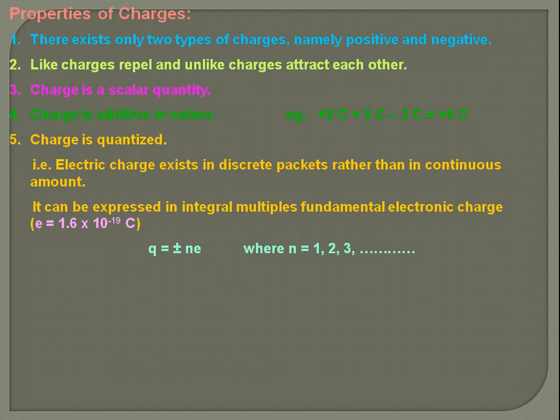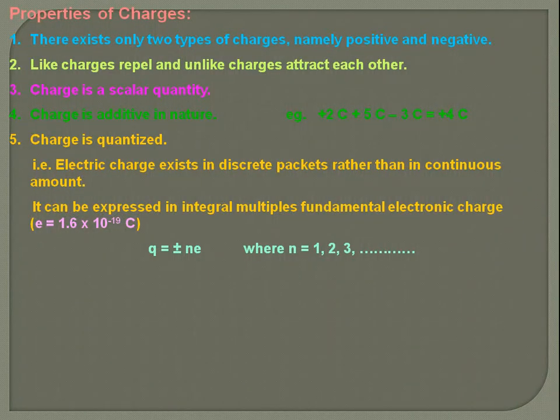So the charge on any body is an integer multiple of the elementary charge. This is called the quantization property, that charge on every body is quantized. Whenever any body gets charge, it will always be in an integer multiple of the electron charge.